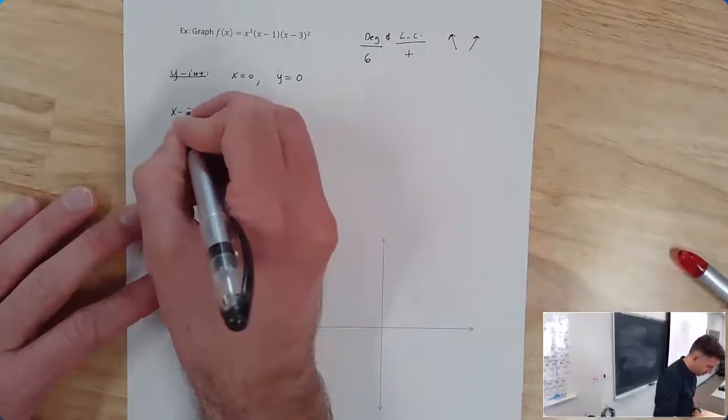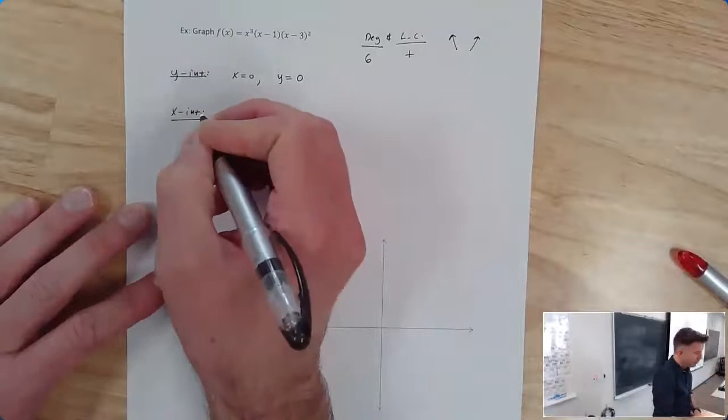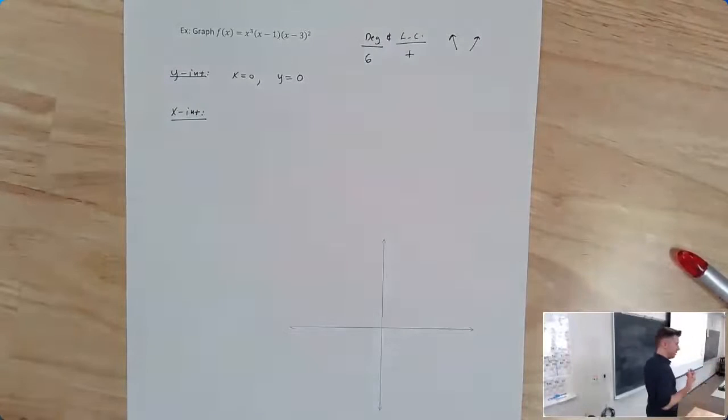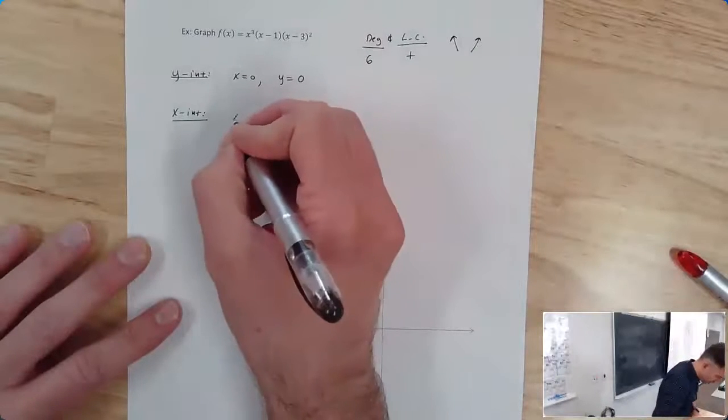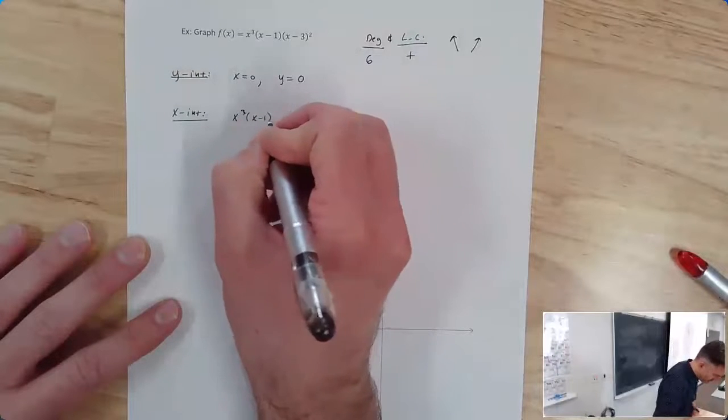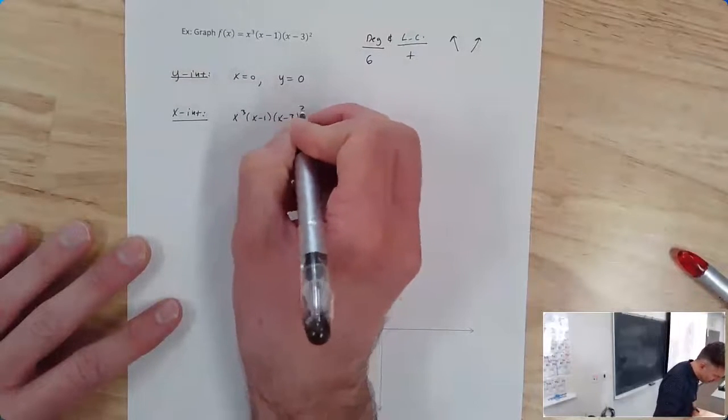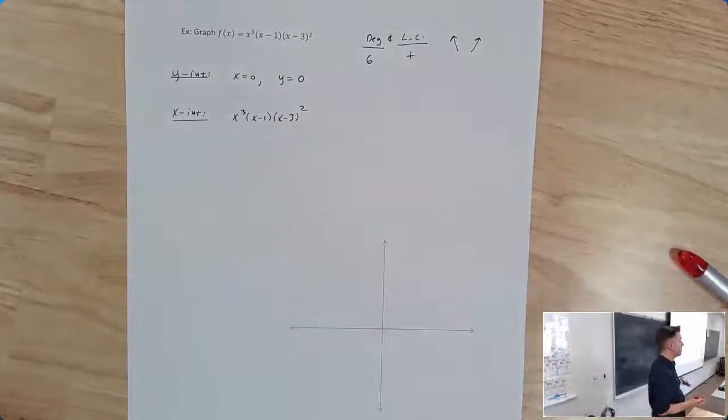X-intercepts, always a little more work. But we're fortunate here that the whole thing is factored for us. So if we set the whole thing equal to 0, as long as it's already factored, our job is simply to set each factor equal to 0.